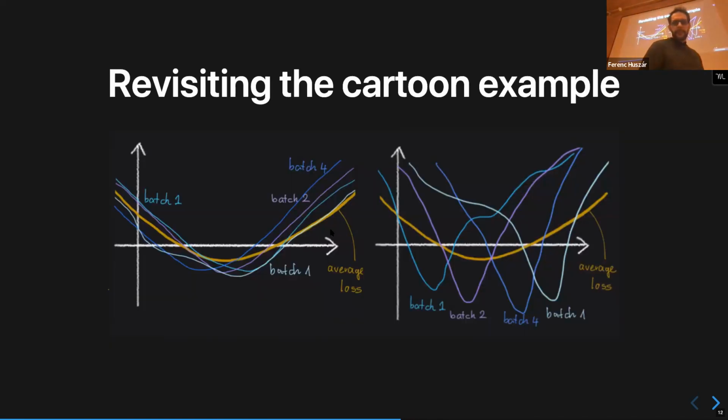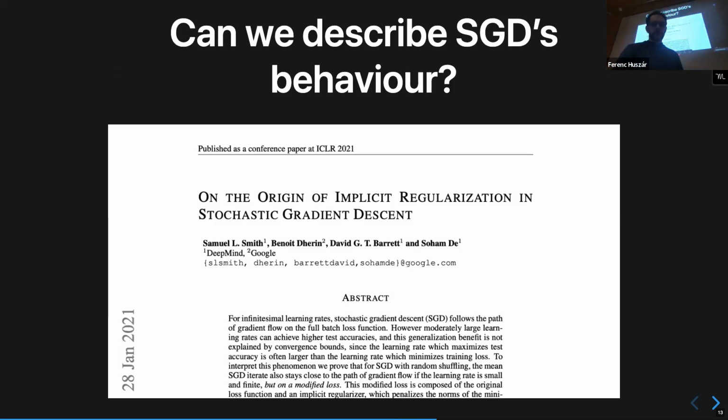So far this has been a very cartoonish, intuitive explanation for what SGD does and does not do. So I wanted to show you that there is now an actual mathematical illustration of these same phenomena. This is the paper that I talked about last year, and it was a very fresh paper then. It came out just a month before we ran this course last year.